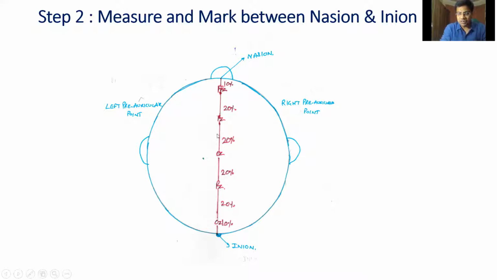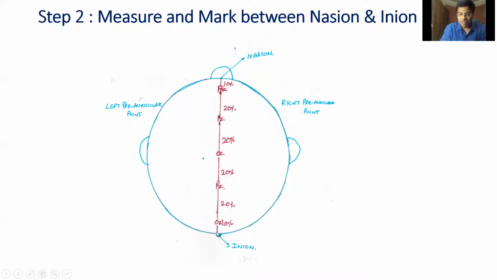For example, if the whole distance is 36 centimeters, Cz to Fz will be 7.2, Fz to Fpz is again 7.2, and Fpz to nasion is 3.6. Similarly, going back from Cz towards inion, moving backward 20% is Pz, from Pz another 20% backward is Oz, and Oz to inion is 10%.